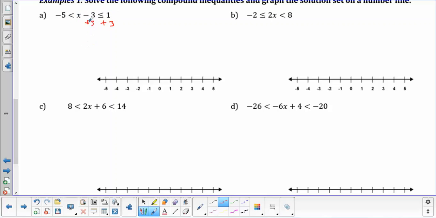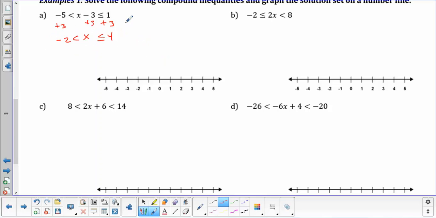When you have a compound inequality like this, if you do it to the right side, you also have to do it to the left. So you can actually solve both at the same time. The right will become 4. The left will become -2, and then your solution is already finished and ready to plot.